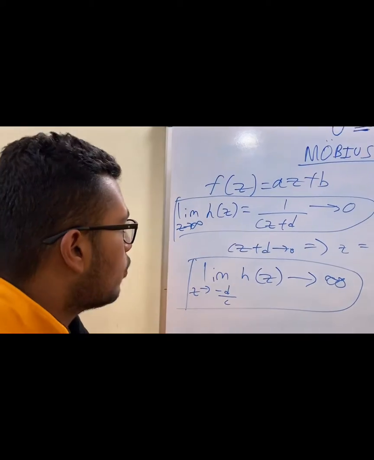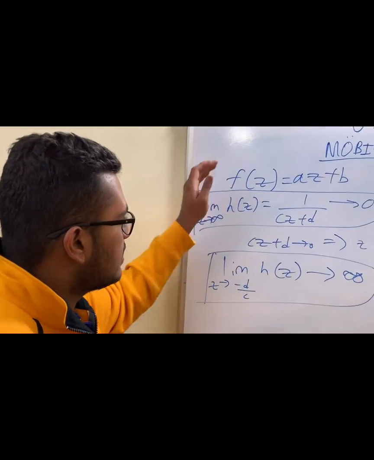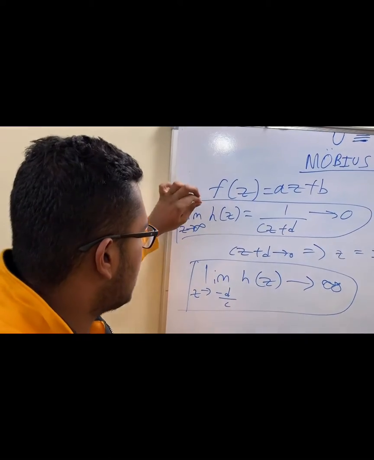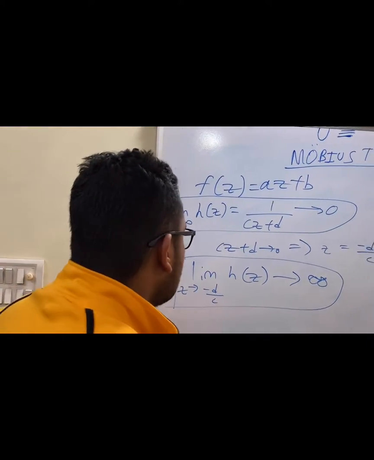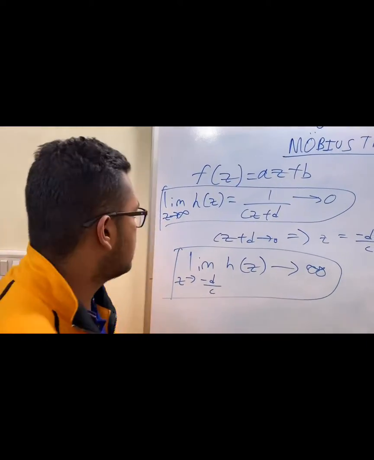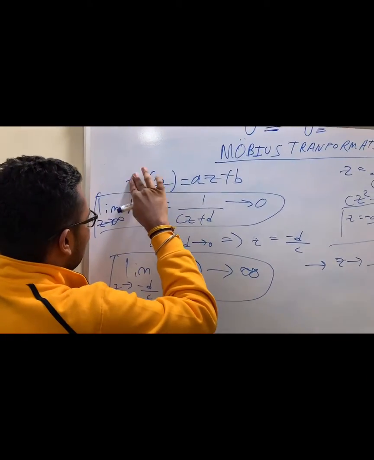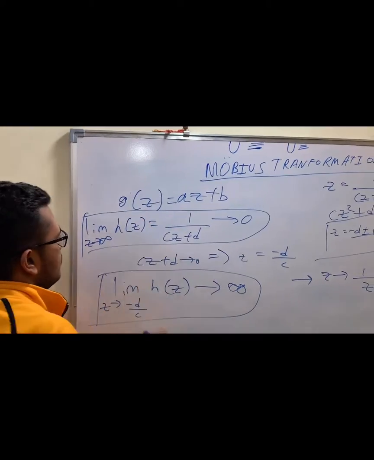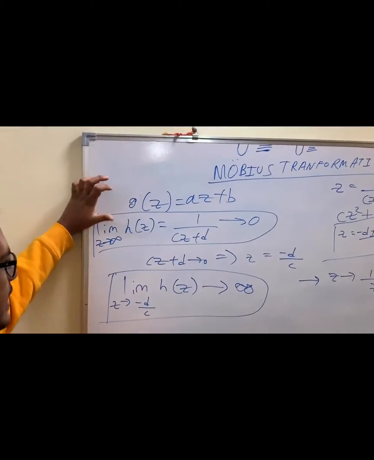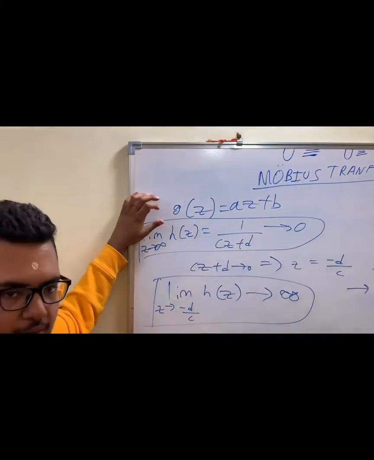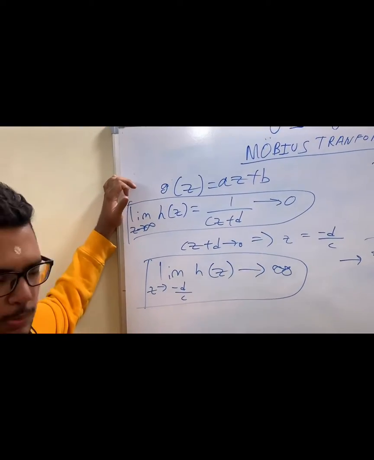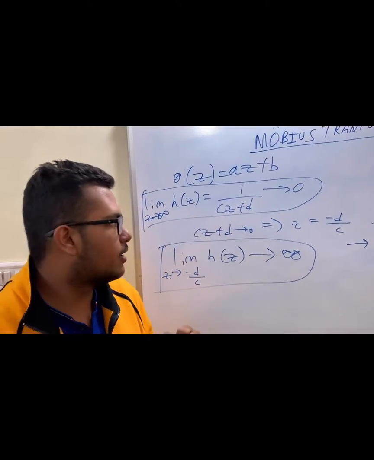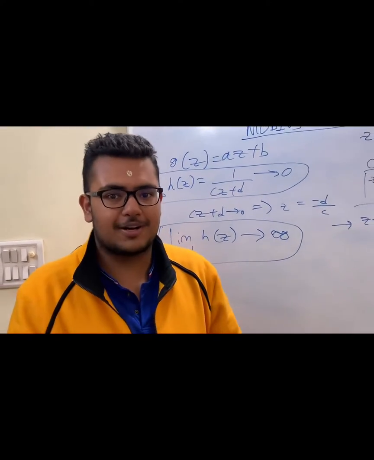But wouldn't it be great if we combine these two maps? That is to say, if we multiply f of z and h of z. For the sake of terminology, I will have to use f for something else, so I'll say g of z. So now let's multiply g of z and h of z. We know that both these mappings have really good properties, and we now want to unite them in one strong framework.